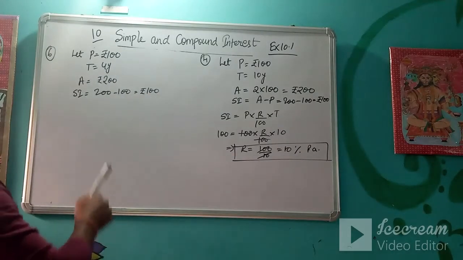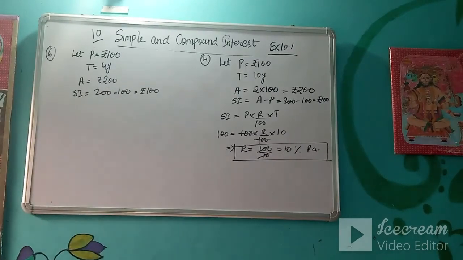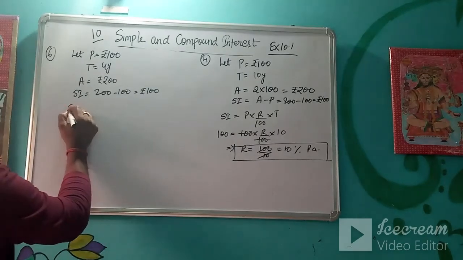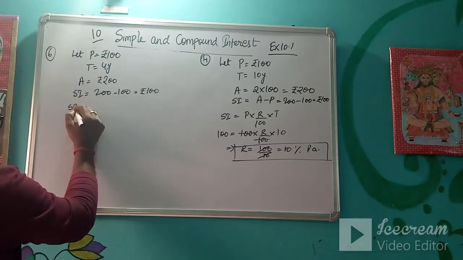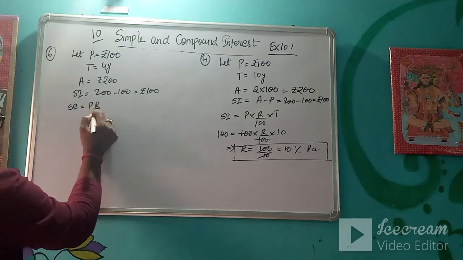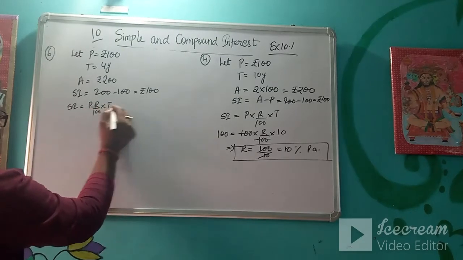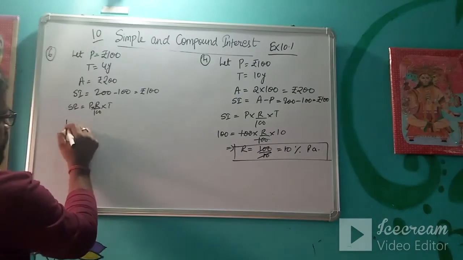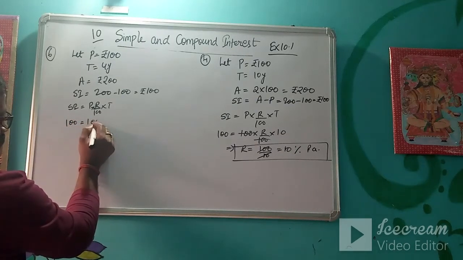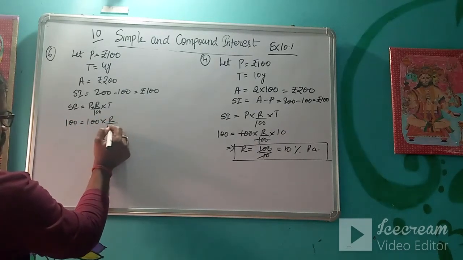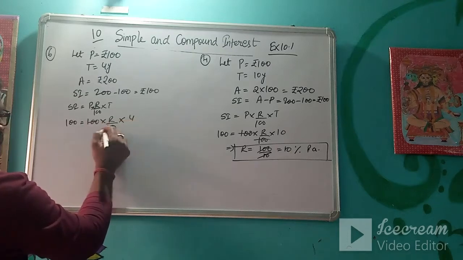So in this we have to calculate the rate. So SI is equal to P R upon 100 into T. So 100, R upon 100 into time is 4 years.